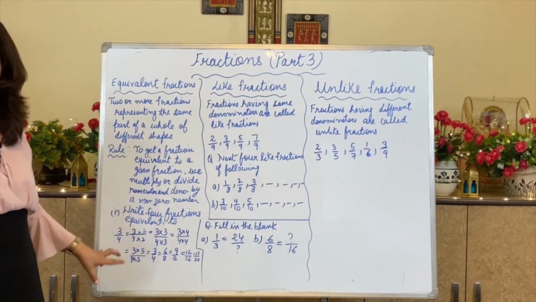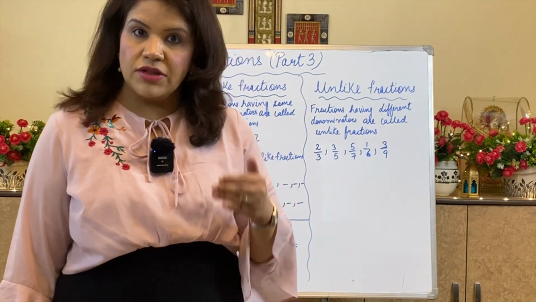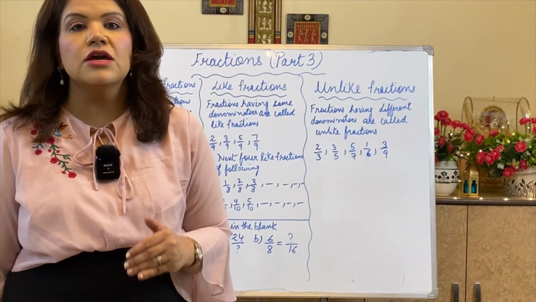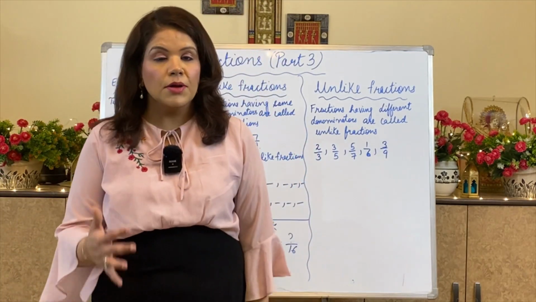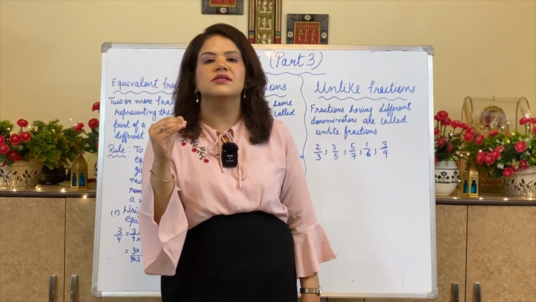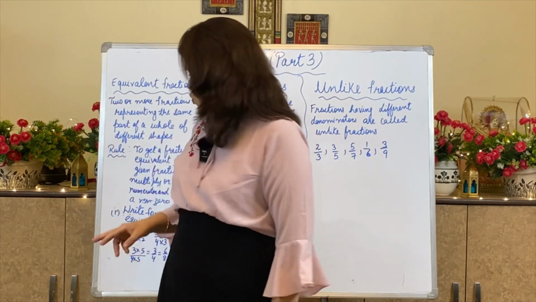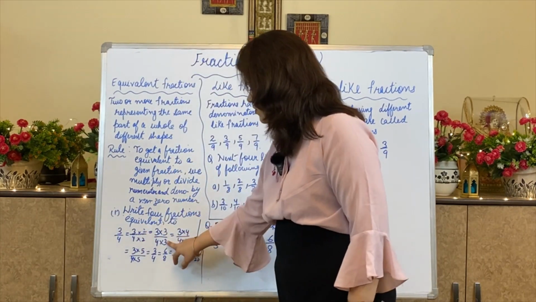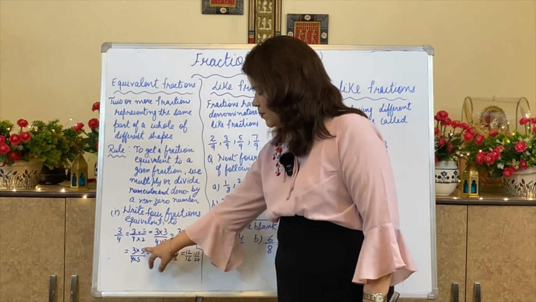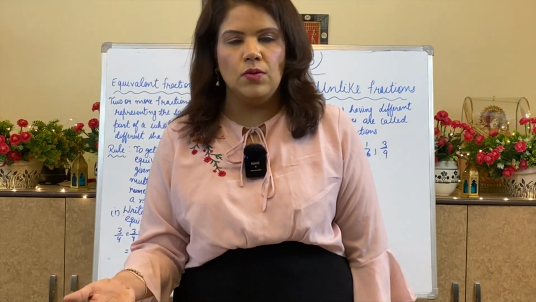these fractions, after multiplying the numerator and denominator with the next 4 numbers, will give me equivalent fractions. Why equivalent? Because the same number is getting multiplied in the numerator and the same number in the denominator. That means both will get cancelled. 2 will get cancelled with 2, 3 with 3, 4 with 4, 5 with 5. That means basically I am multiplying by 1 only.